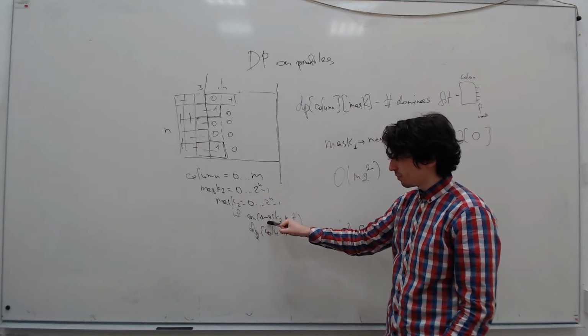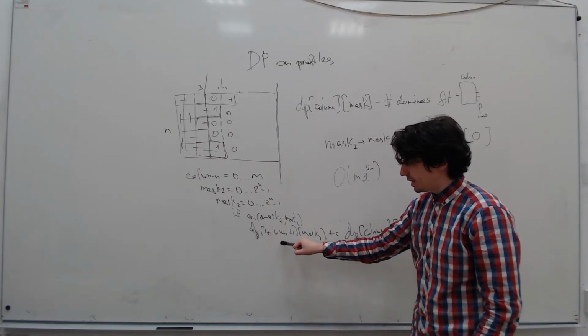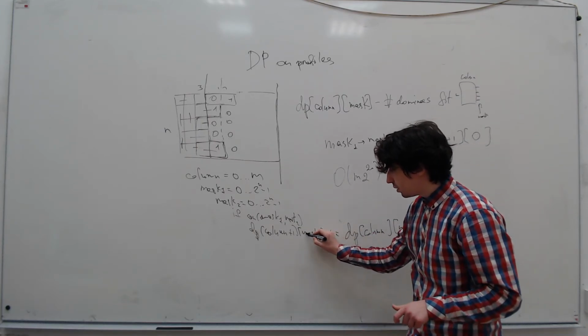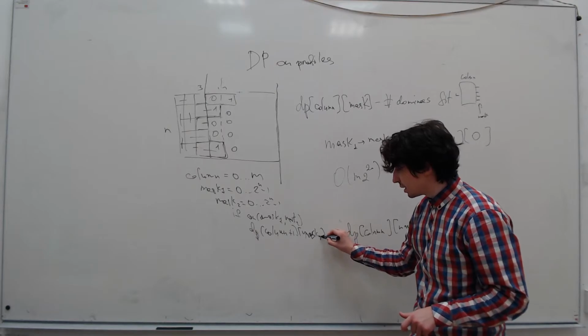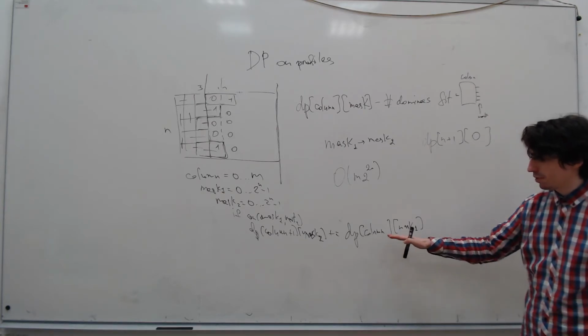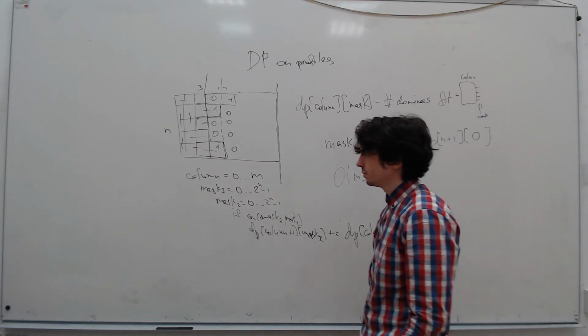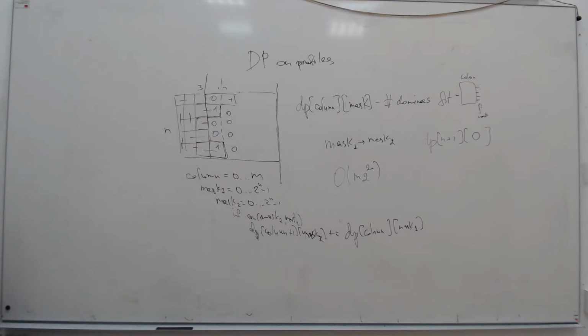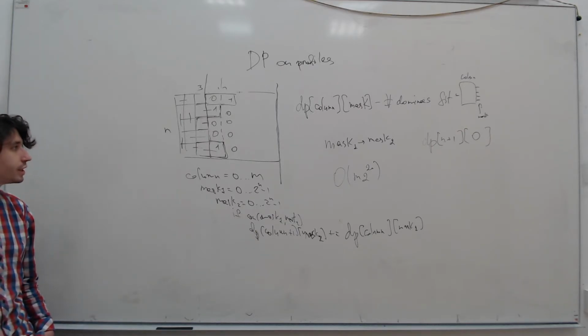If we can get from mask 1 to mask 2, we update the DP, the next column and the next mask, mask 2, plus equals the number of ways to fill the previous column and mask 1. Okay, let's hope that you understand that.